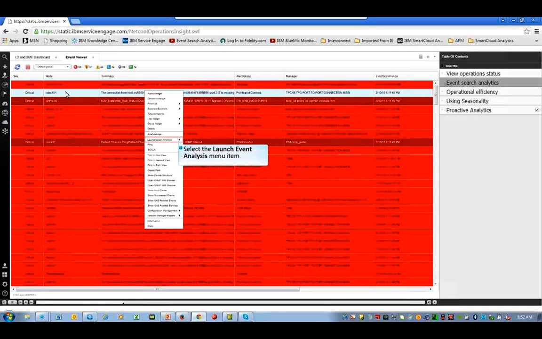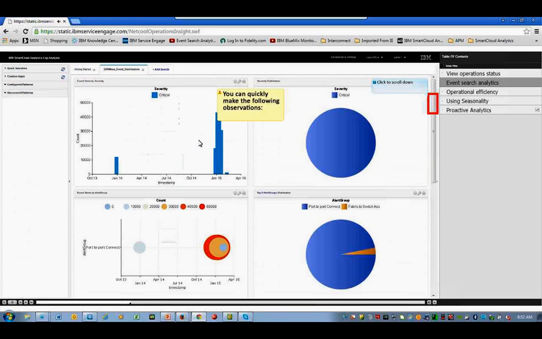And I can, just in passing, look at an event analytics capability for that specific area within that critical alert, so an event distribution for that specific area of events, time-wise and by criticality. You'll see here that they're pooled.